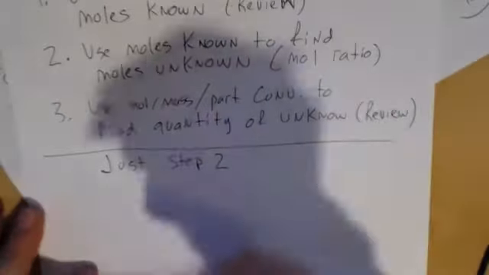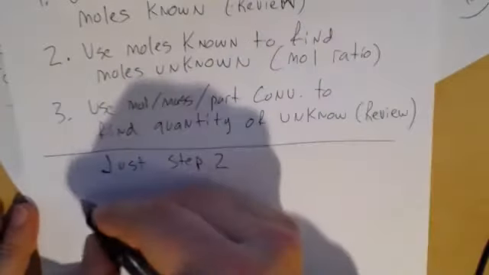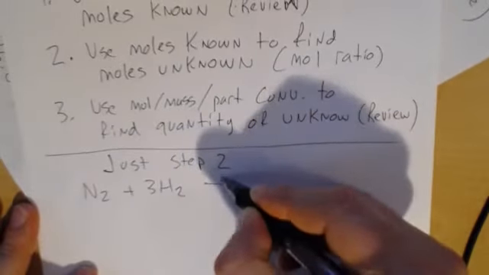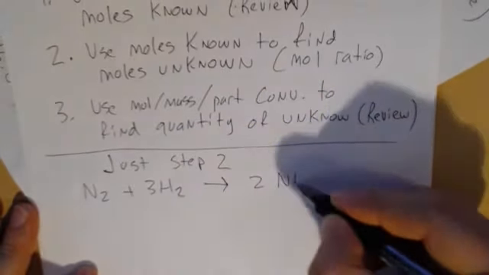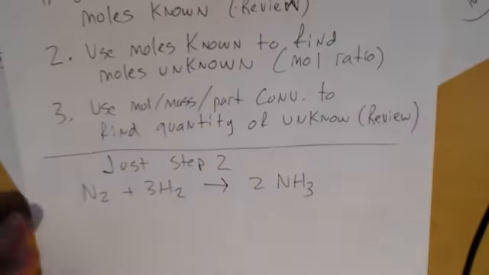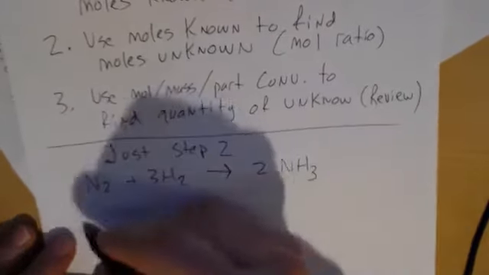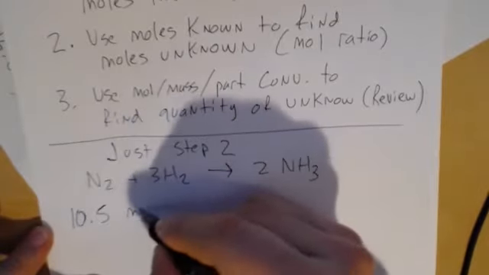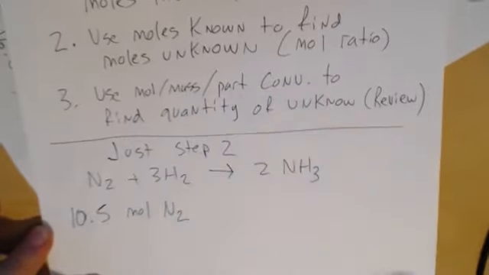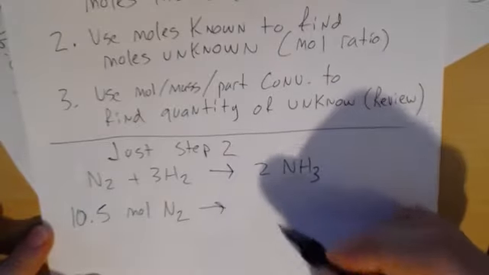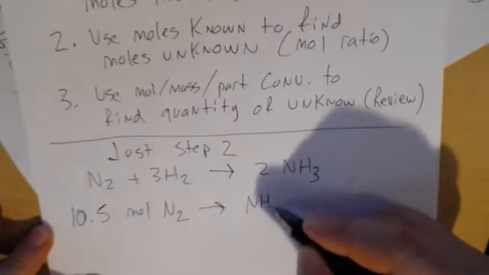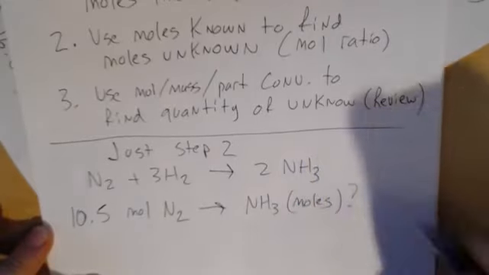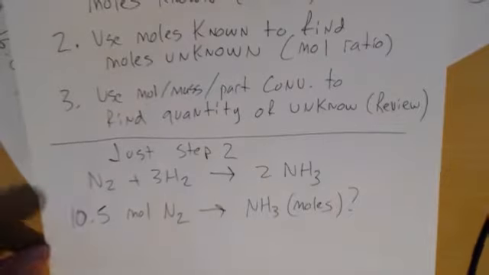Let's use the same equation. I still need the balanced equation. Nitrogen plus 3 hydrogen goes to 2 ammonia, right? If I have 10.5 moles of nitrogen, how many moles of NH3 will form?